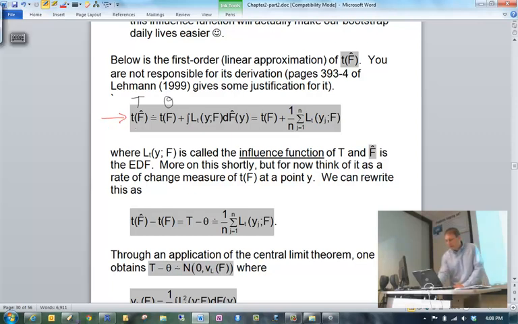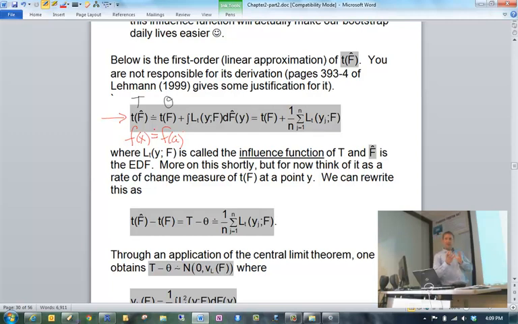So this is kind of like, in a Taylor series expansion, what we would call, let's say, f of x. So f of x in a Taylor series expansion is approximately equal to, let's say, f of a, if I'm expanding about a, it's a number. Well, when we're working with statistical functions, how about we expand about T of f? So notice you're working with an actual distribution instead.